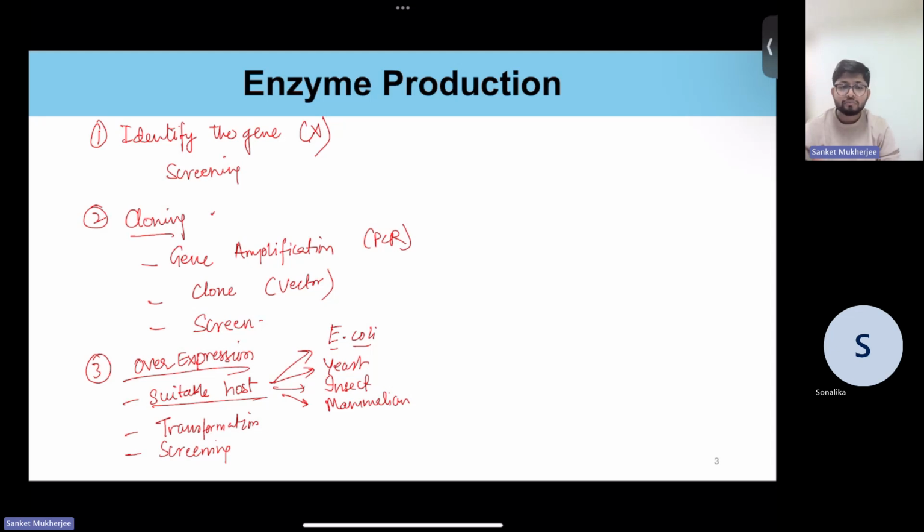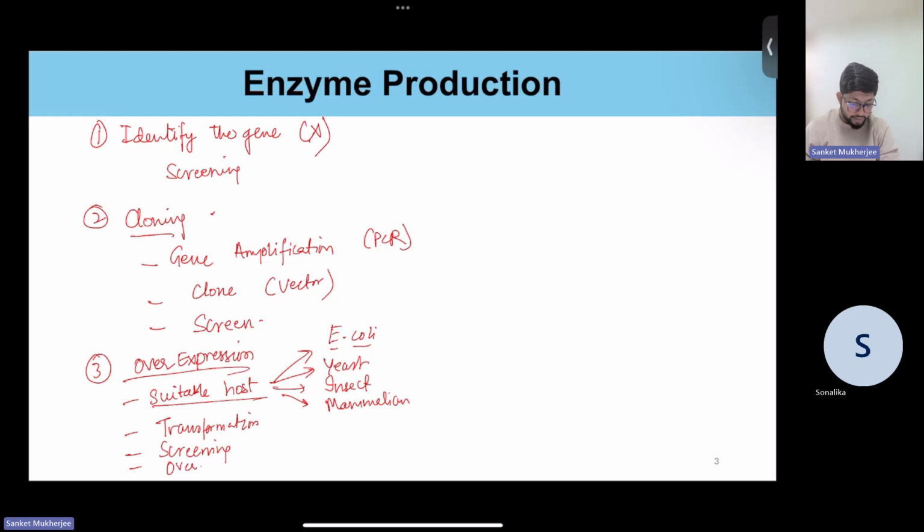And the most used screening method uses a selectable marker like antibiotic resistance genes. Now, these antibiotic resistance genes will essentially differentiate the positive colonies, and you can further screen them to see whether you have your gene.